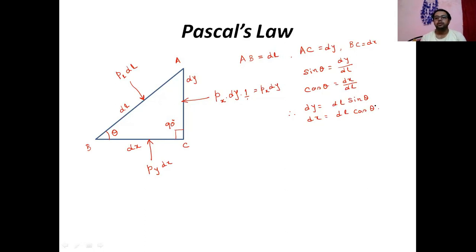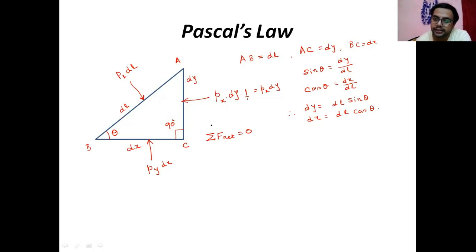Now you have to do the force balance. Consider that the fluid is at rest. So whatever forces are acting along the x-axis and y-axis will be in equilibrium. The net force should be zero, as the fluid element is in equilibrium, in a static condition.